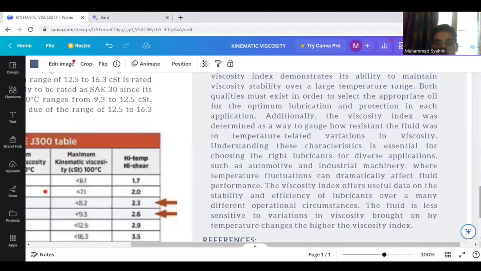The viscosity index offers useful data on the stability and efficiency of a lubricant over many different operational circumstances. The higher the viscosity index, the less sensitive the fluid is to variation in viscosity brought on by temperature change.